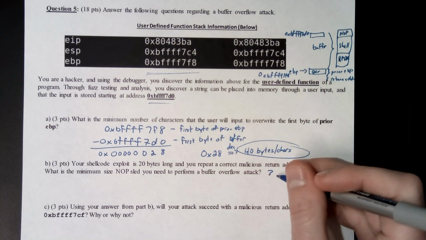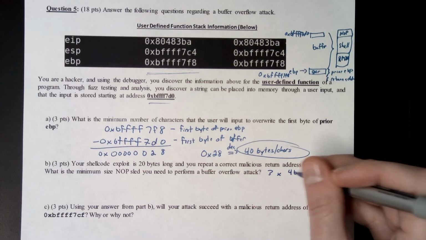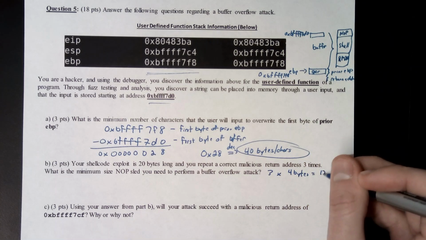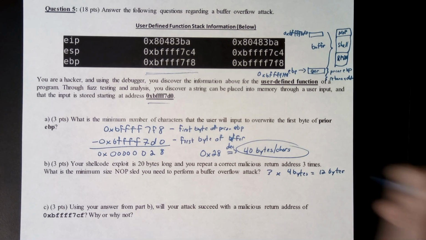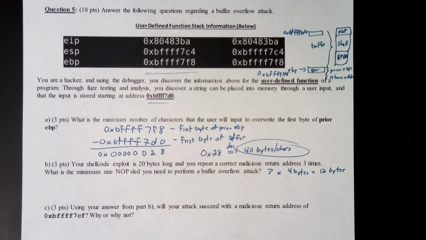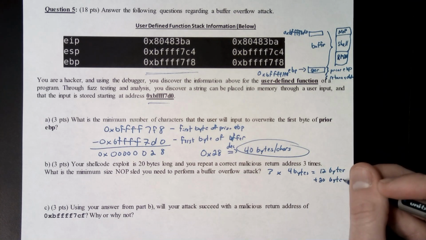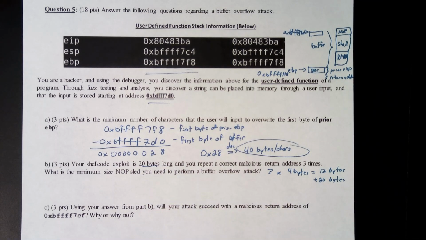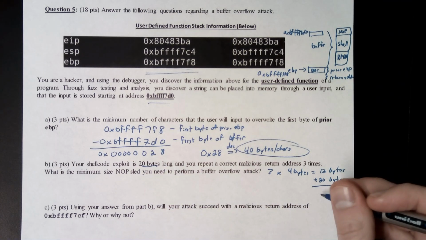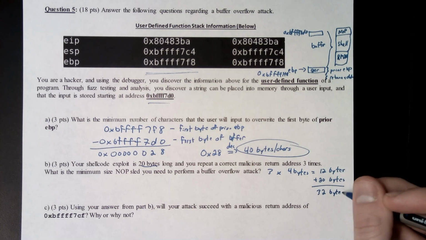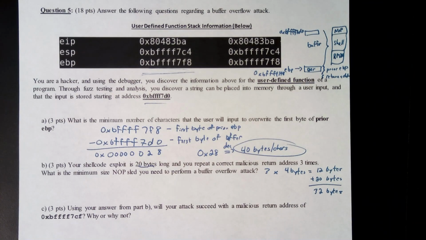So 3 times 4 bytes for each address is 12 bytes of malicious return address, plus 20 bytes of shellcode. That's our exploit, and that gives us 32 bytes total that we have for the buffer overflow attack, right?